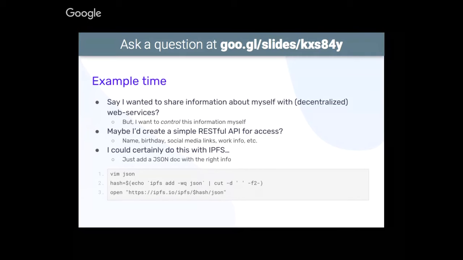I can actually already do this quite easily using IPFS as the backbone. I can just add a JSON doc with the right information from my peer, and then I could even view it online, and call that done. Here's a couple of commands. I'm just using Vim to edit a JSON file, which I'm calling json with no file extension. In there, you could stick all sorts of information.